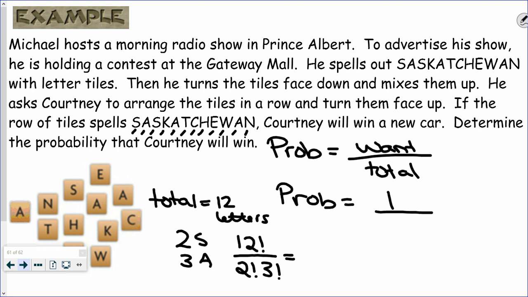So if I punch that in, I get 39,960,800. That is the bottom number of this probability. It is a super slim chance that Courtney is going to win that car. 1 over nearly 400 million. Sorry, 40 million.